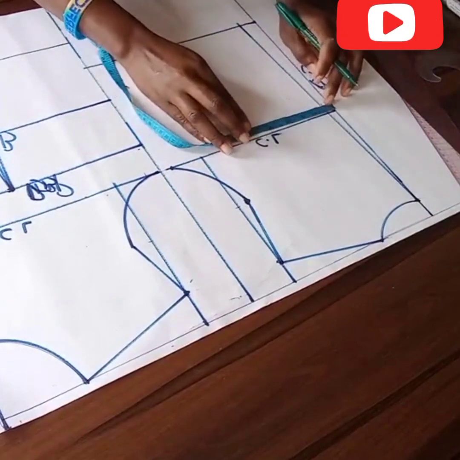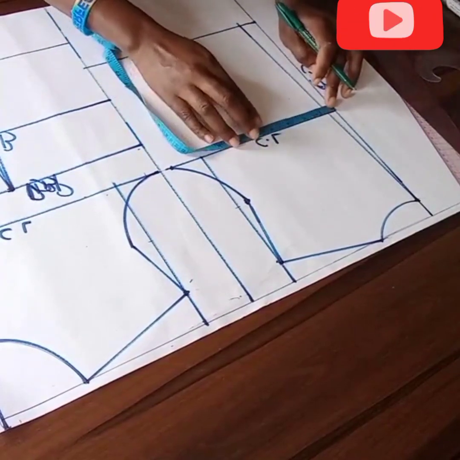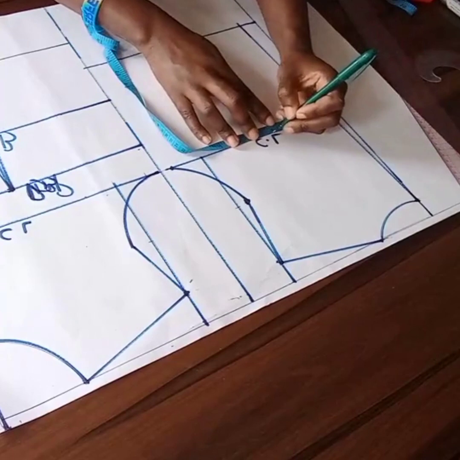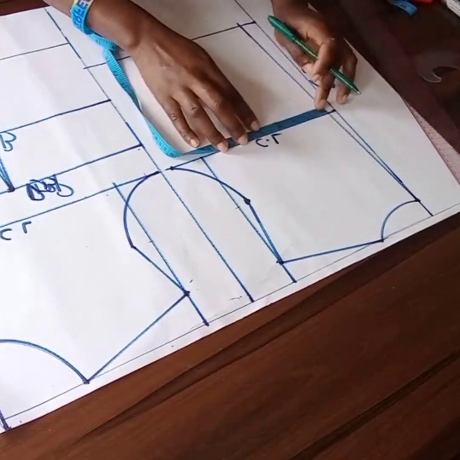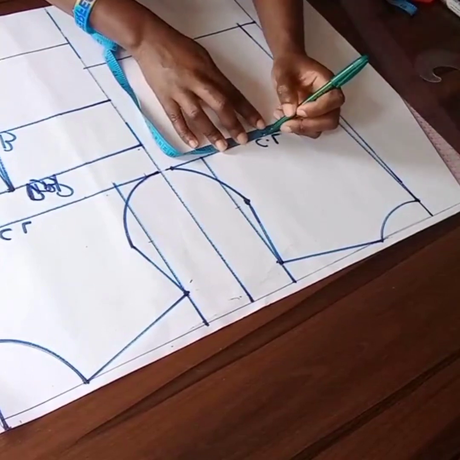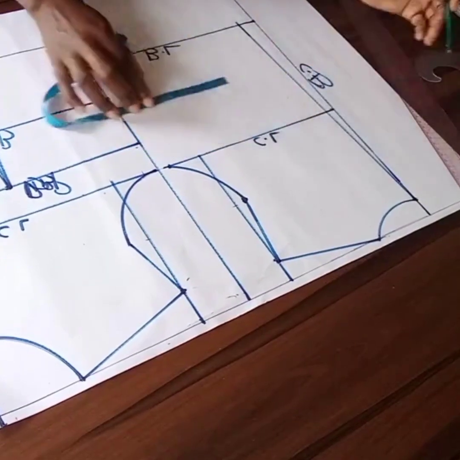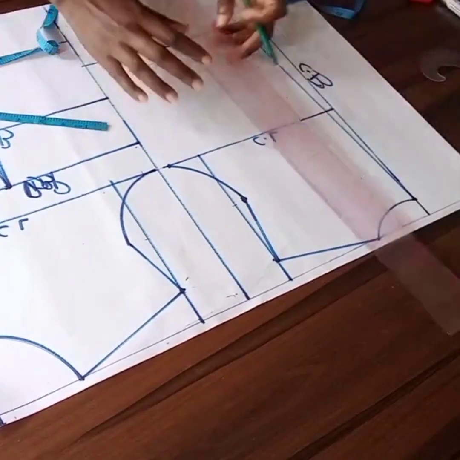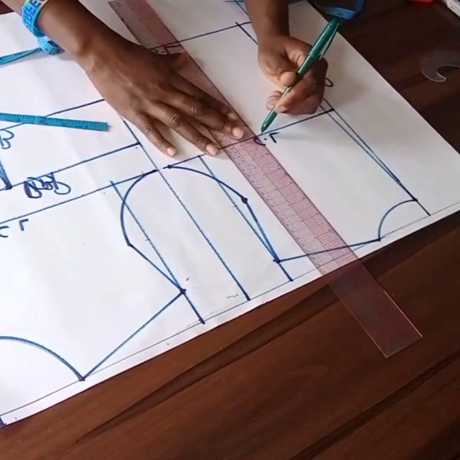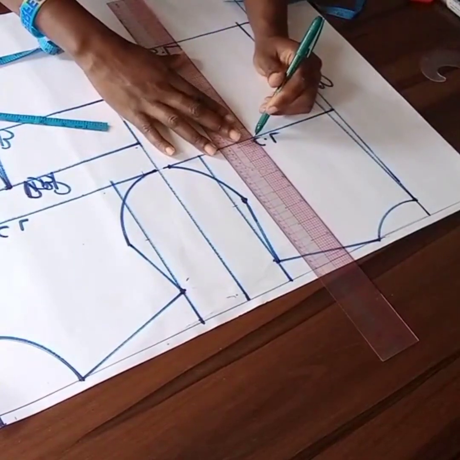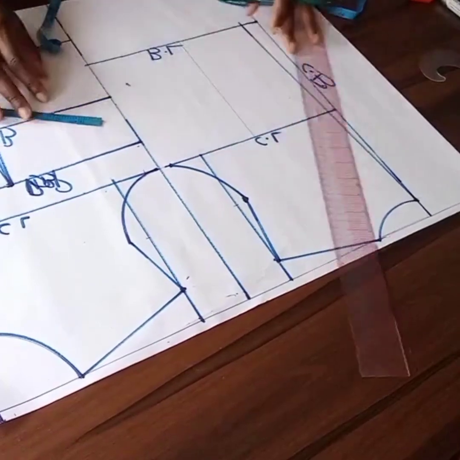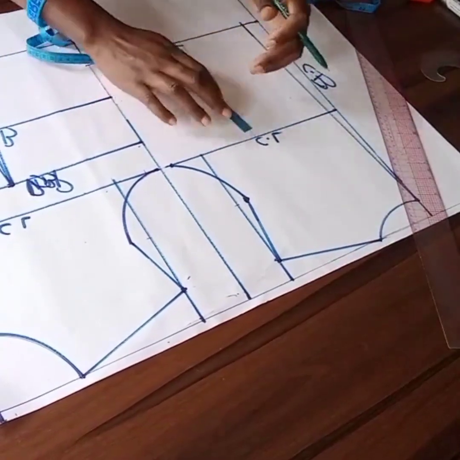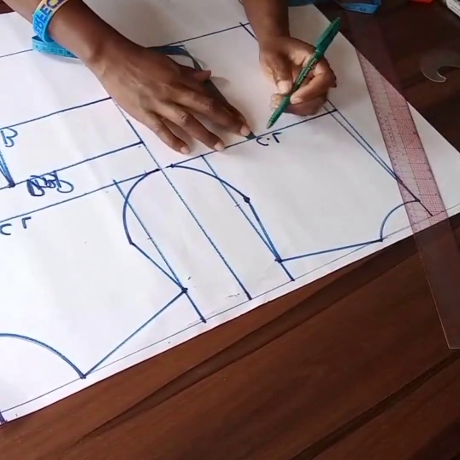I'll do the same on the chest line also. Then I'll draw a straight line. Then on that line, I'll come down by 1 inch from my chest line.